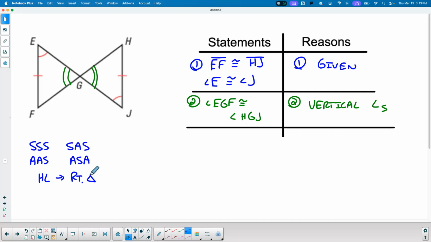So if I'm looking at this particular triangle, I have one side that I have proven. So if I only have one side, side, side, side is out, side, angle, side is out. Okay? I don't have a right triangle, so I can't use that one. So I'm left down to 2 choices. Angle, side, angle would be the side that's included in between the angles. That would be these right here. I don't have that one, so that one's out.